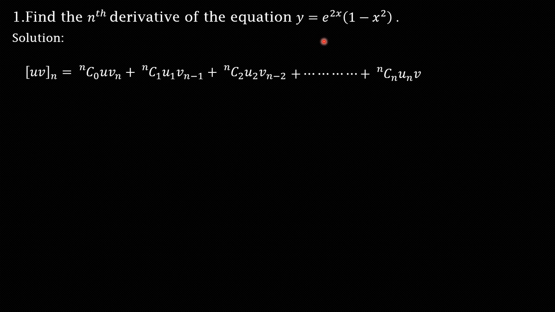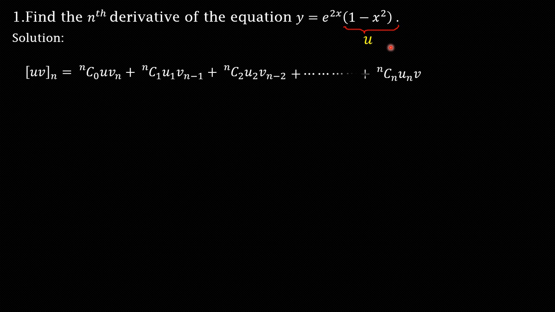Since the given equation is a product of an exponential and an algebraic function, obviously we can choose the function u as 1 minus x square over here, because the third and higher order derivatives of 1 minus x square are 0, isn't it?